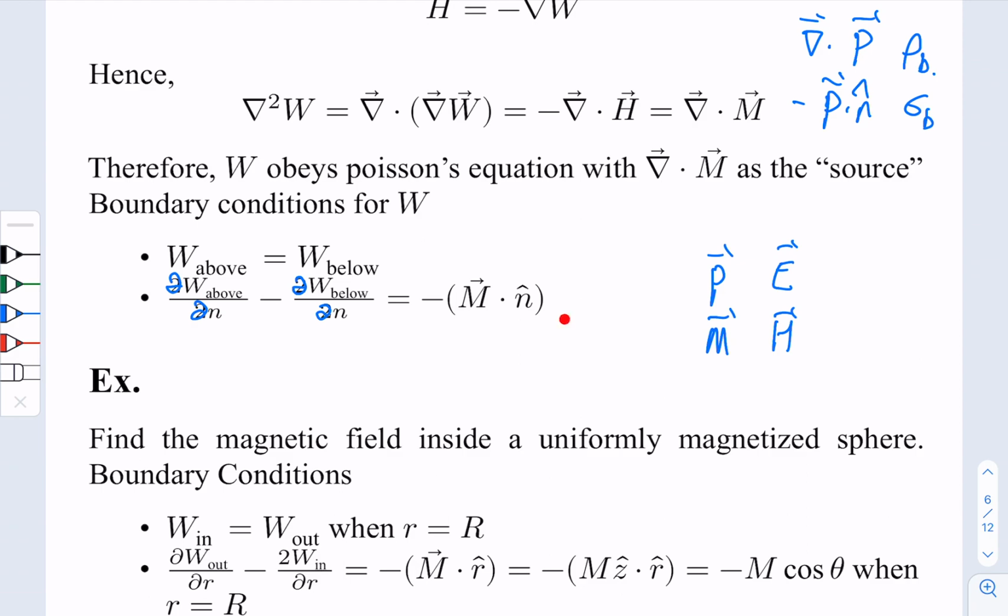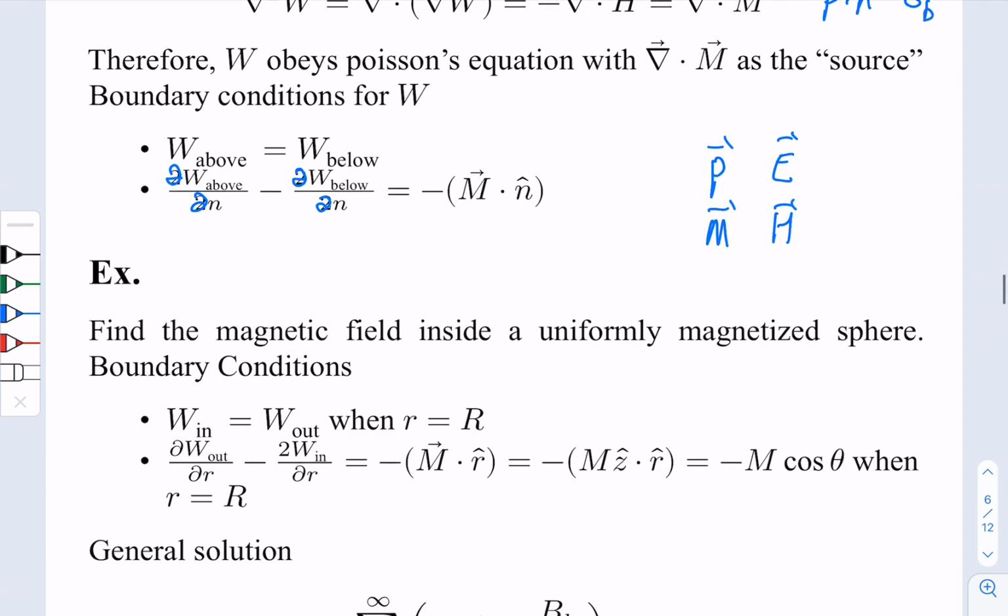So on the boundary, this boundary condition is simply rewritten as M dot n. I think you can also obtain this by enclosing a Gaussian surface volume near the surface of the edge. Now we can simply apply this to the problem.